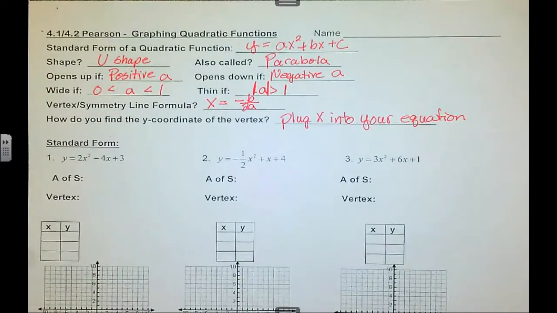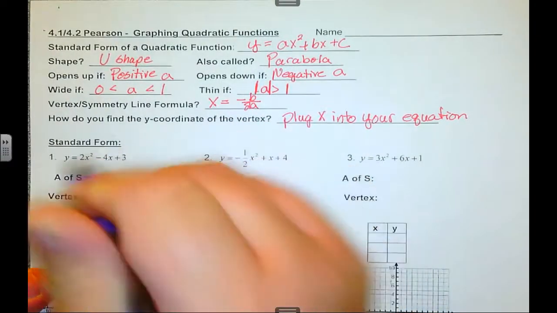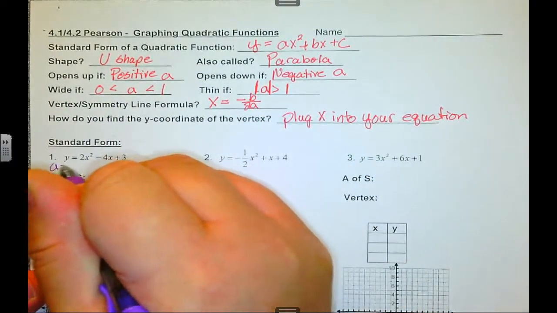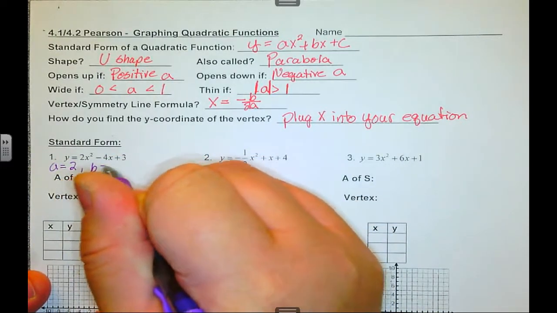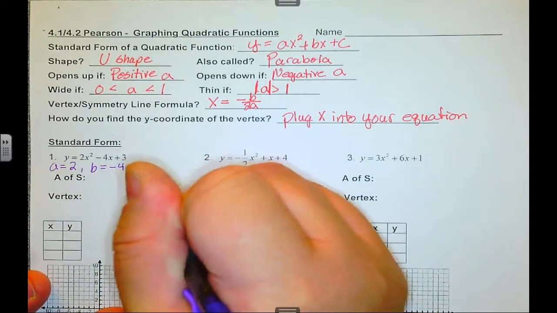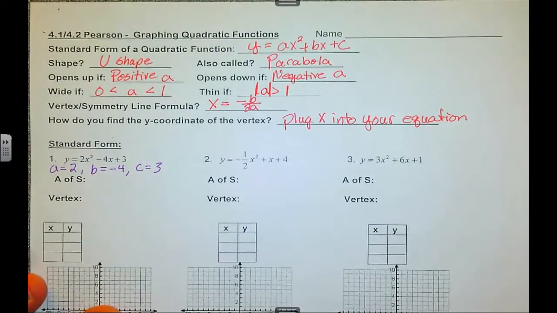Now, when you were learning this back in Algebra 1, hopefully your Algebra 1 teacher would make you write down what your A is, what your B is, and what your C is, because you probably did 100 problems using the quadratic formula.